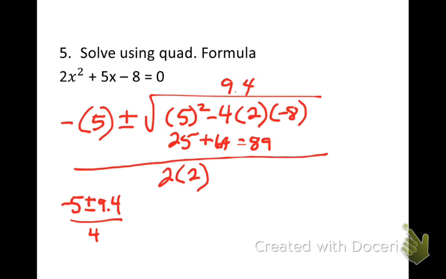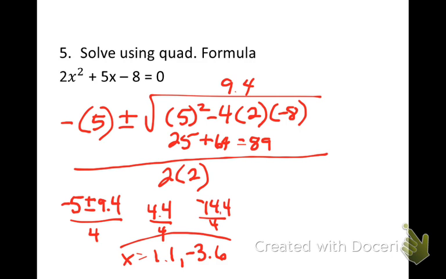So negative 5 plus 9.4 would be 4.4 all over 4, which gives me 1.1. Negative 5 minus 9.4 would be negative 14.4 all over 4, which would give me negative 3.6. So those would be my two answers.